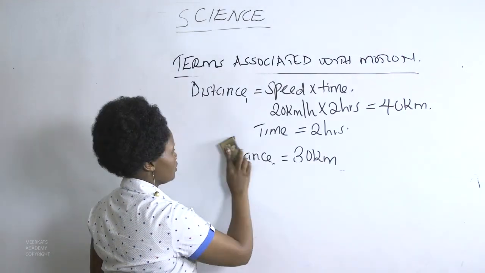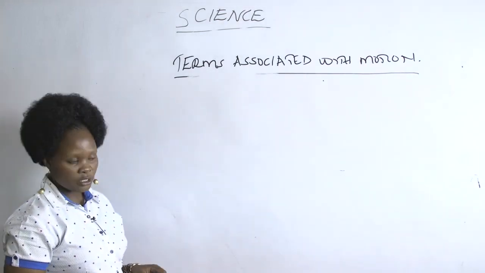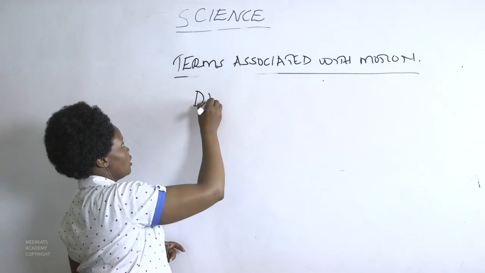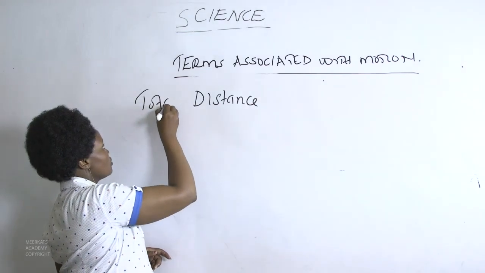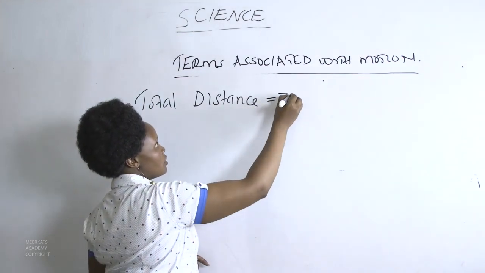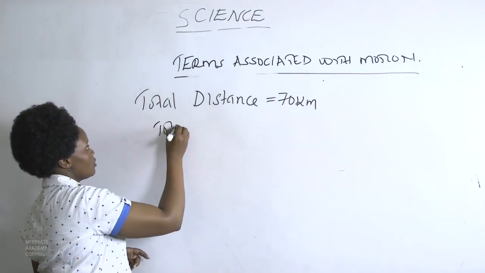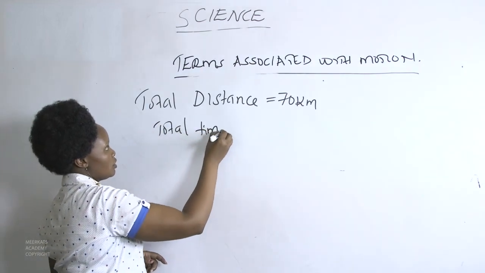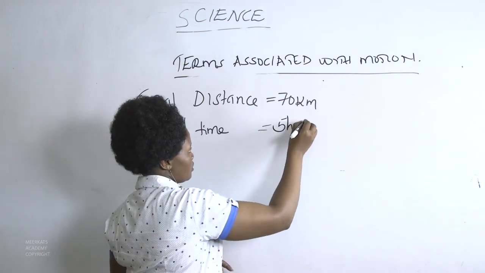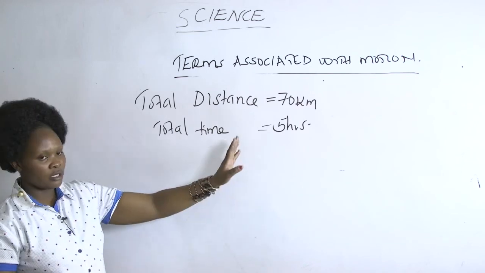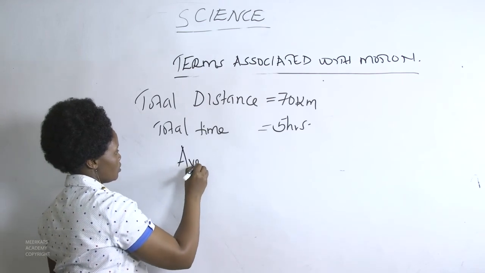So the whole journey took 5 hours. The distance covered, this is the total, was 70 kilometers, and the total time taken was 5 hours. Therefore, with this information, we can go ahead and get the average speed.